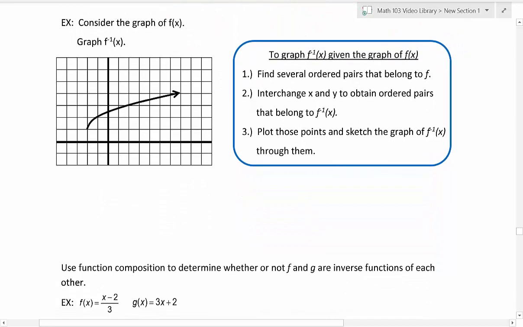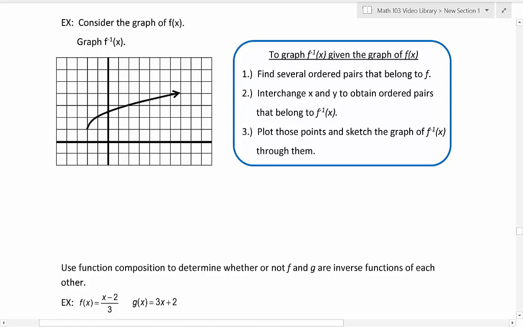In our next example, we're given the graph of f of x, and we want to graph f inverse of x. Now, property number 3 said that the graphs of inverse functions are symmetric with respect to the line y equals x. It can be really difficult to reflect a graph about a diagonal line. So instead, what I recommend is you start by finding several ordered pairs that belong to our original function f.